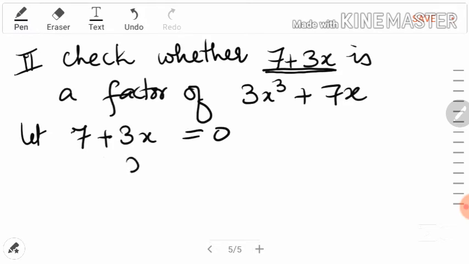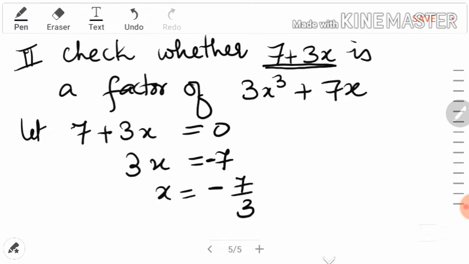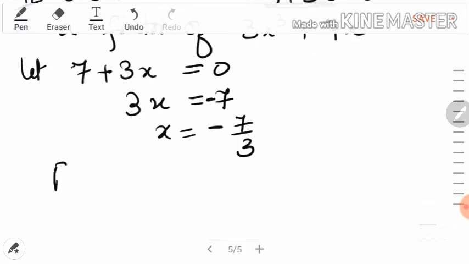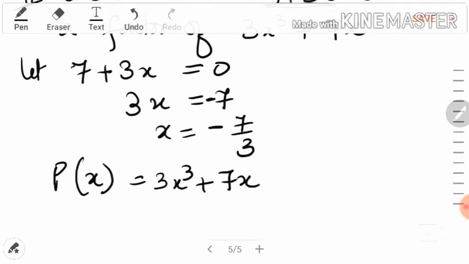On solving this, we get x equal to minus 7 on 3. Now let's find the value of polynomial at x equal to minus 7 on 3.